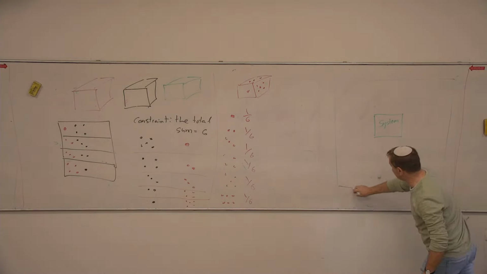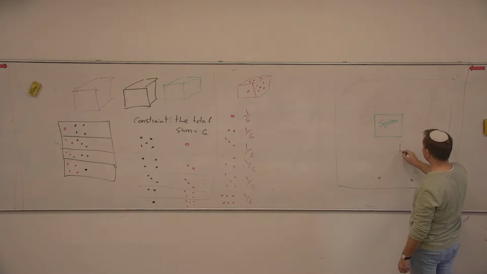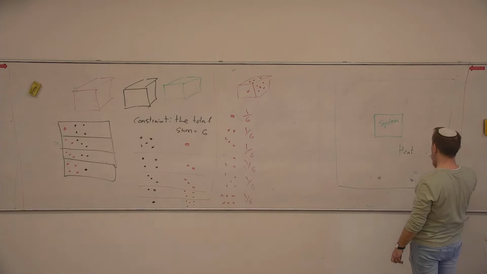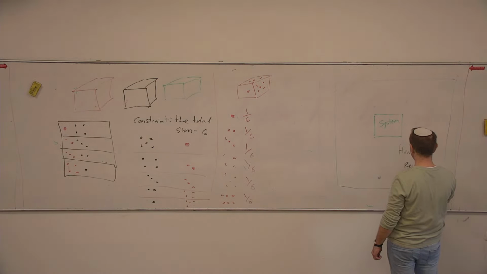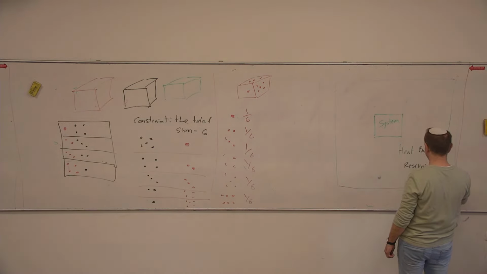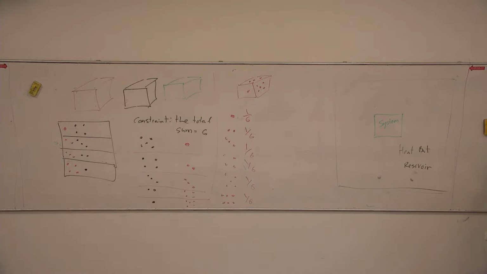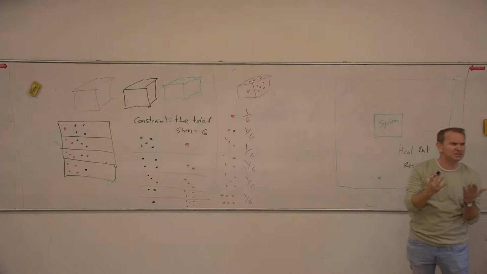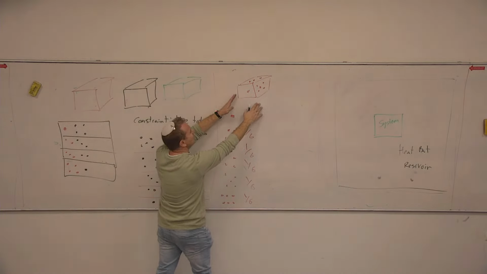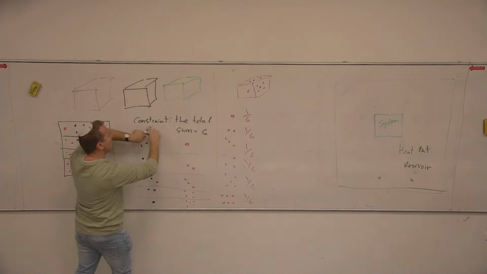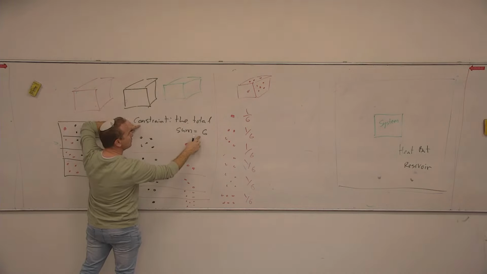We call this heat bath or reservoir. Okay. And you're saying the following thing. The total system is constrained to have a very specific energy, like over here, or over there, where I said constrain the total sum equals 6.